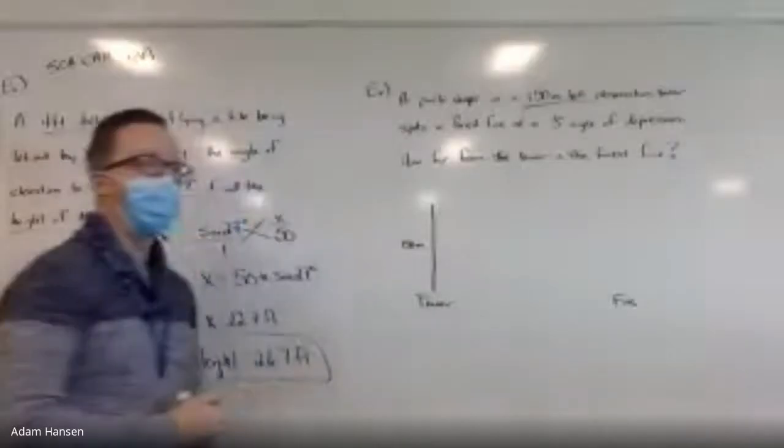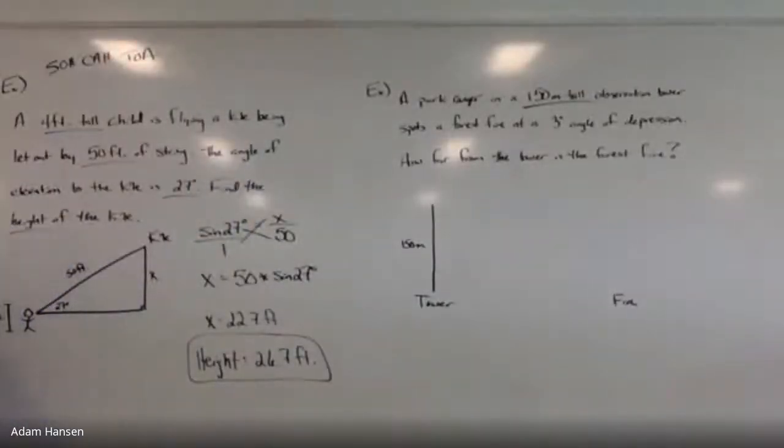And they spot a fire, so there's a fire over here, at a 3-degree angle of depression. An angle of depression is the angle down, right? Below horizontal.